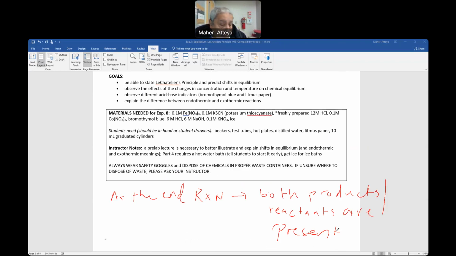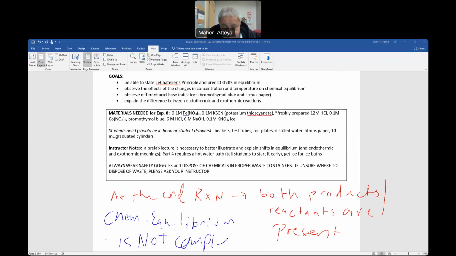The conclusion here is that chemical equilibrium is not a complete reaction, because in a complete reaction you'll have only products present.